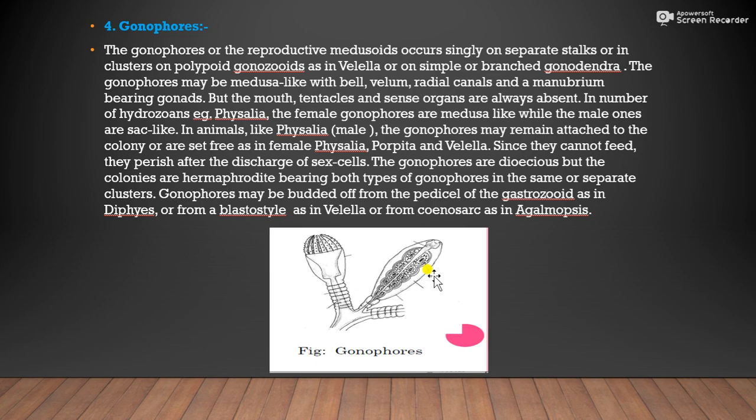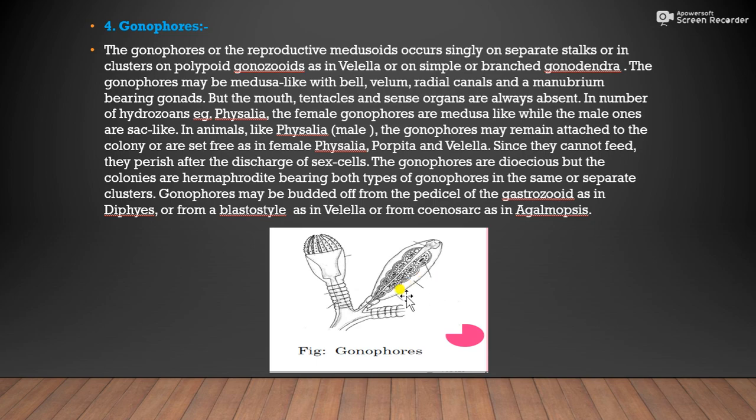Since they cannot feed, they perish after discharge of sex cells. The gonophores are dioecious, but the colonies are hermaphrodite, bearing both types of gonophore in the same or separate clusters.